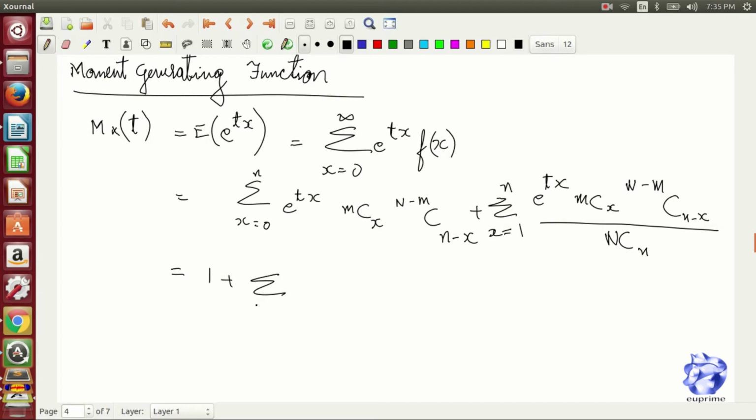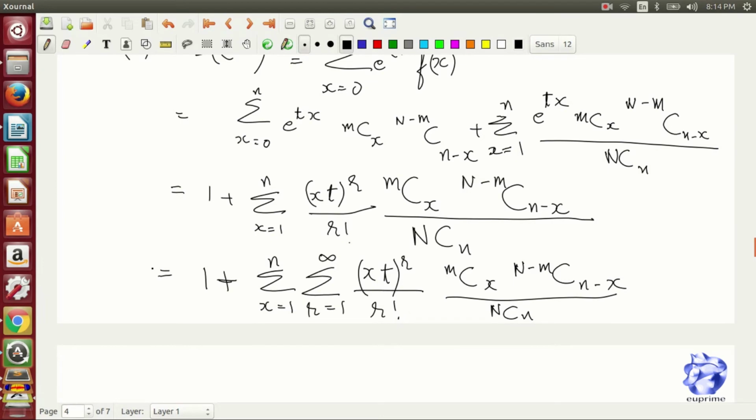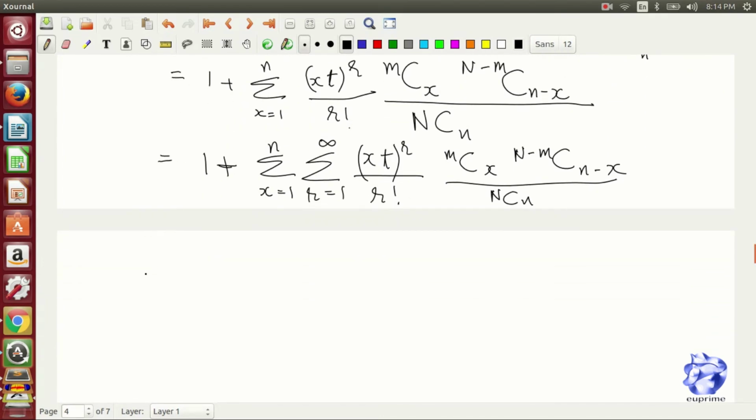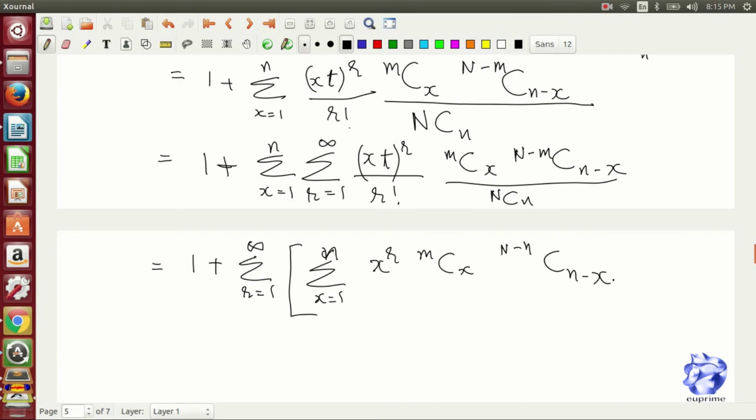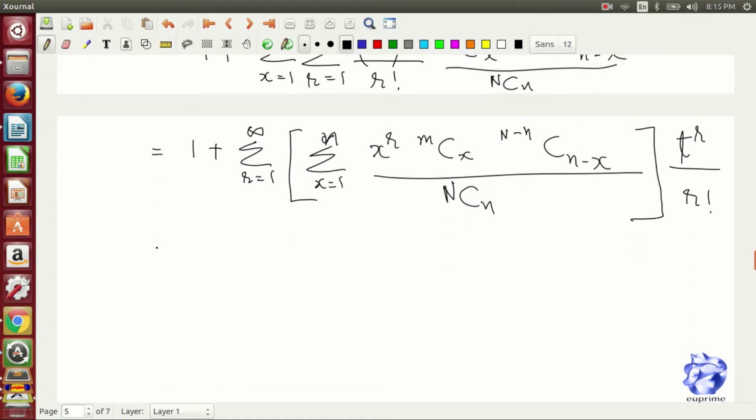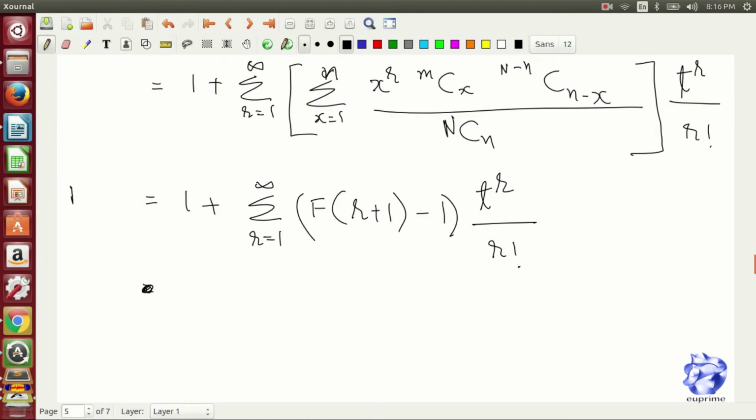We are separating the terms over here. So while separating, we now get 1 as one term, plus summation of (x t) power r by r factorial into mCx multiplied by (N minus m)C(n minus x) divided by NCn, which has a double summation, first for x equals 1 to n and the other for r equals 1 to infinity.